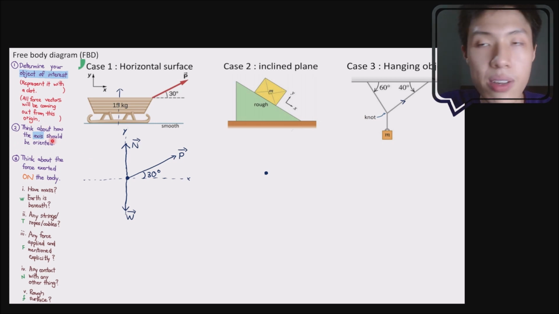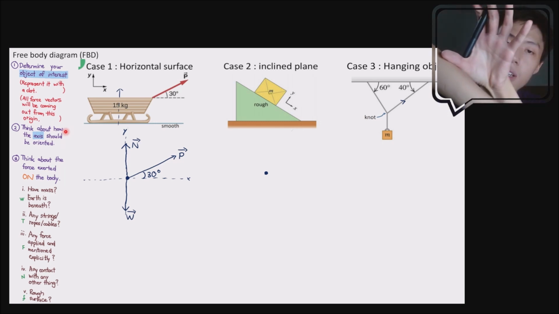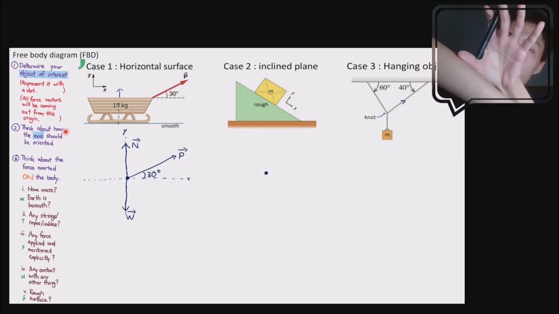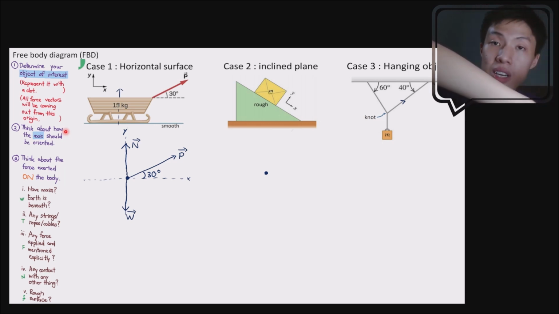Okay, now that we have drawn a dot to represent the parcel, let's move on to the next question where we should think about how the axis should be oriented. Well, this parcel here, it's placed on a rough triangular block. So you should expect if the parcel can move, then it should be moving around this dimension, right? Any motion should be along the inclined surface over here.